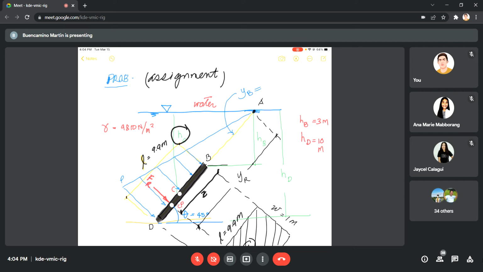Assignment ito sa ibang klase, no? Aralin na lang, sir. Aralin na po natin. Invalid na ito ng assignment, bawiin ko na lang yung assignment nila kasi okay.